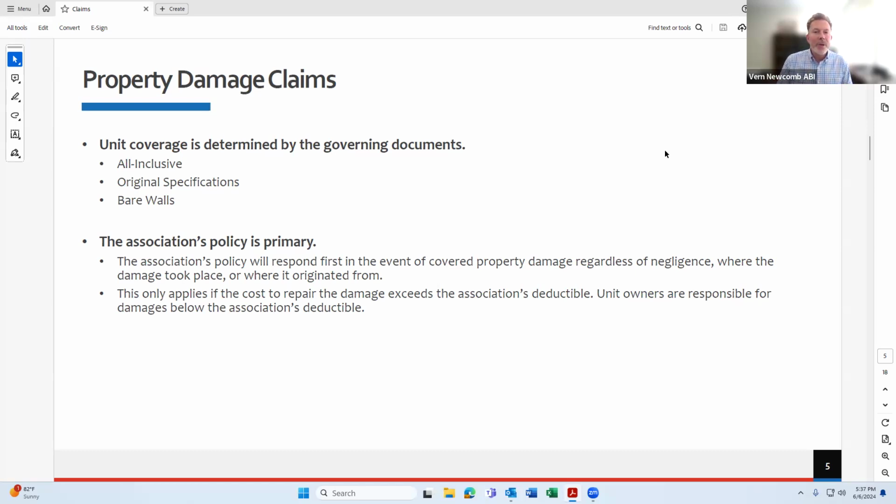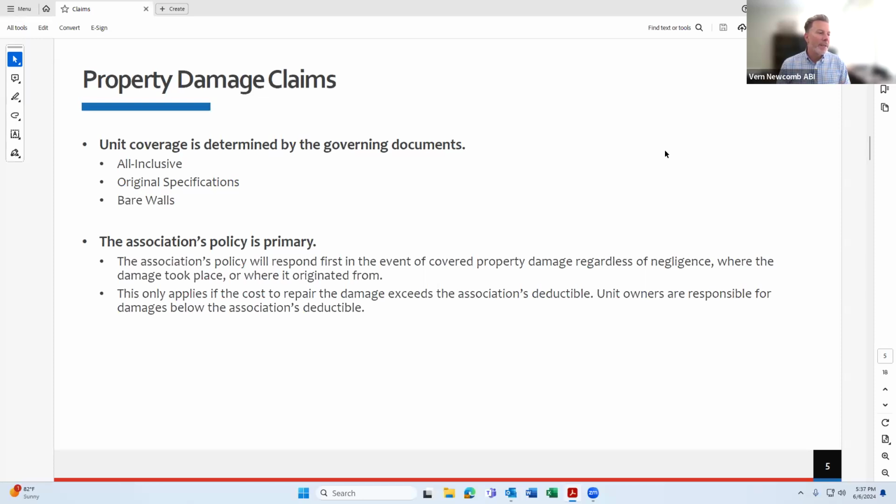It could be someone who updates all of their floors to hardwood, puts in quartz countertops, a sub-zero refrigerator. If it's attached, it's going to be covered under the association's policy under an insurable event.